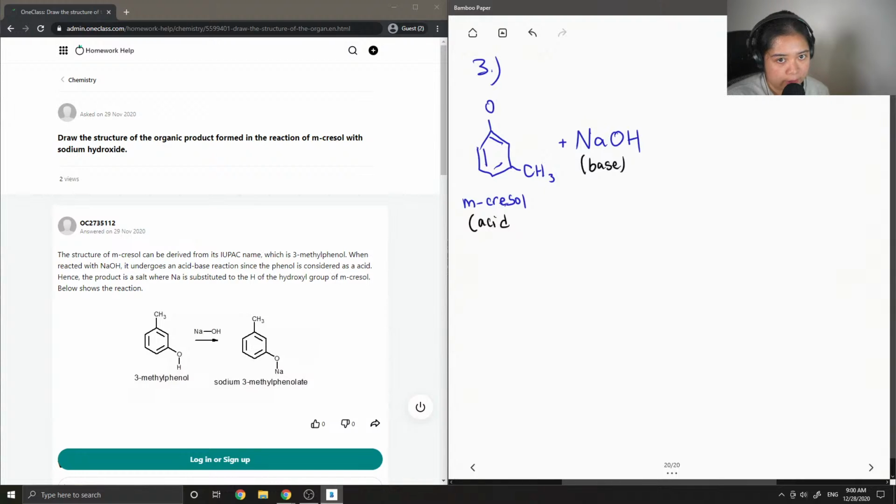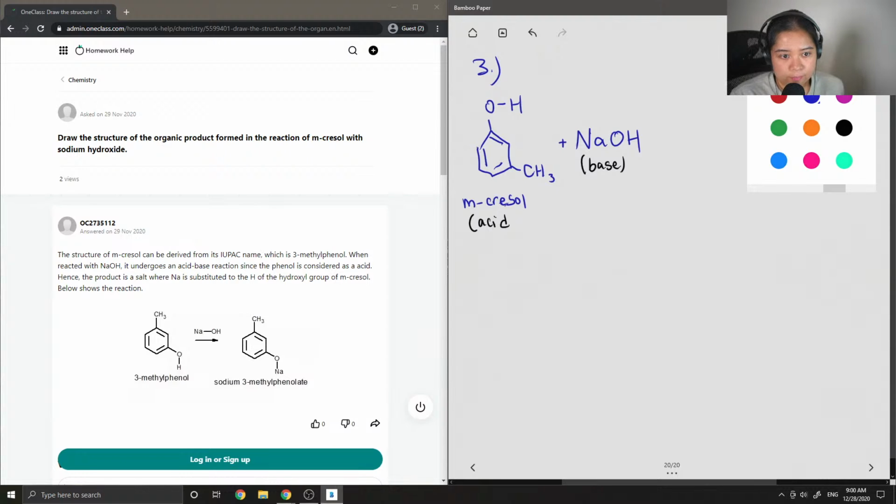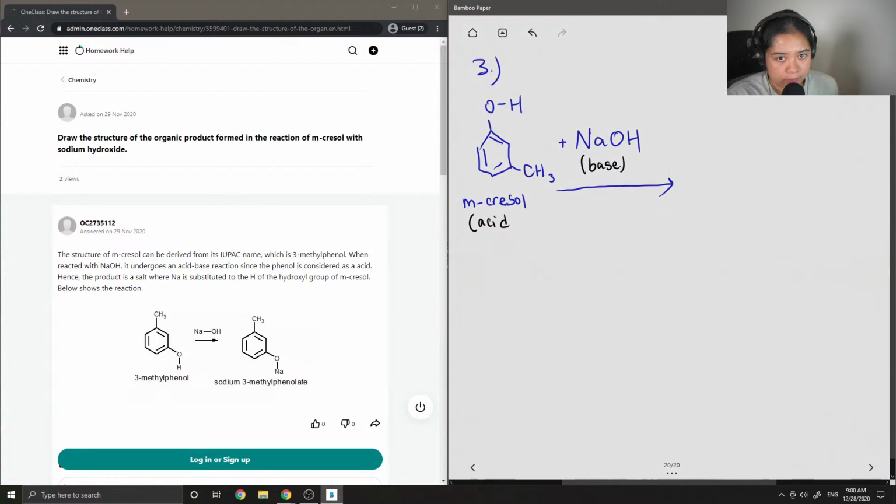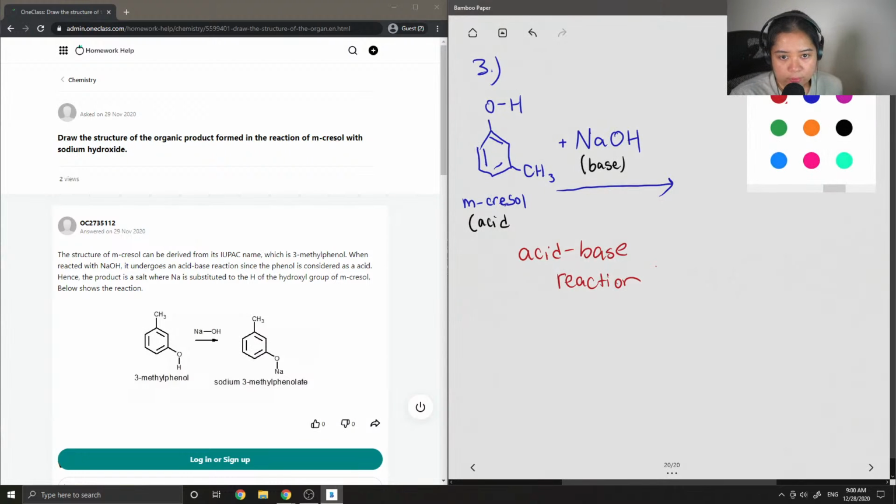So I'll show that this alcohol group has a proton that can be donated. So what happens is an acid-base reaction. And then we get the following products.